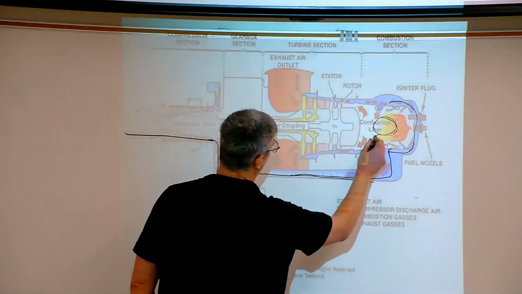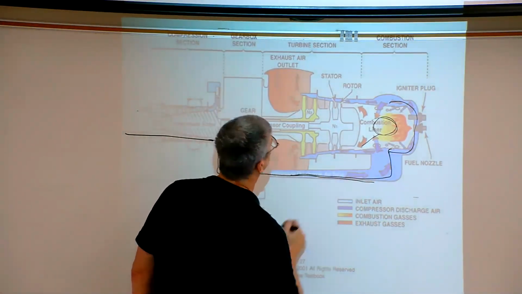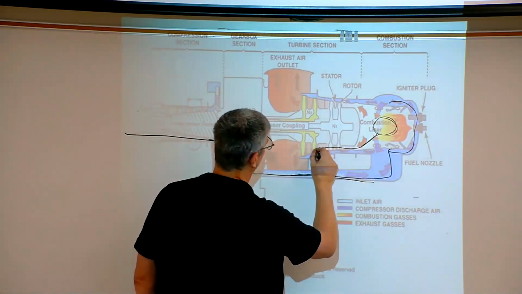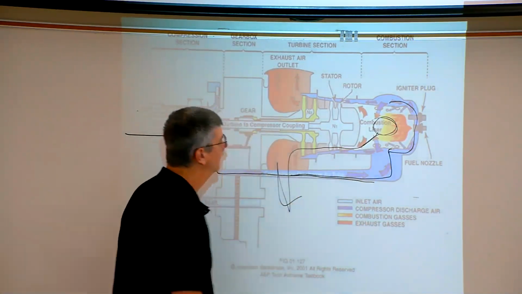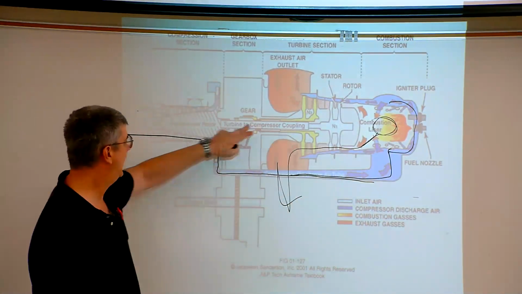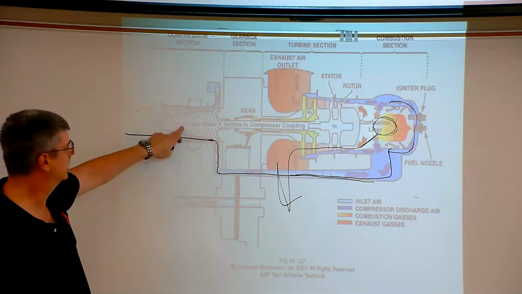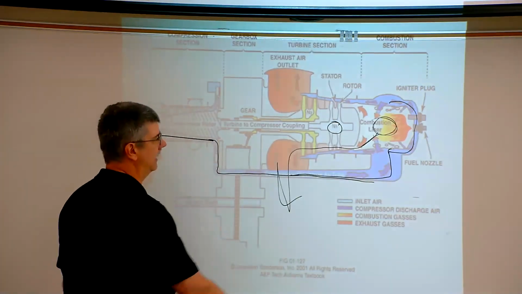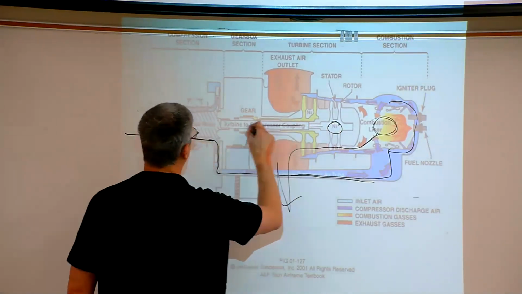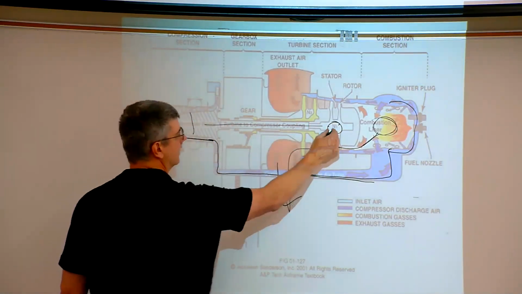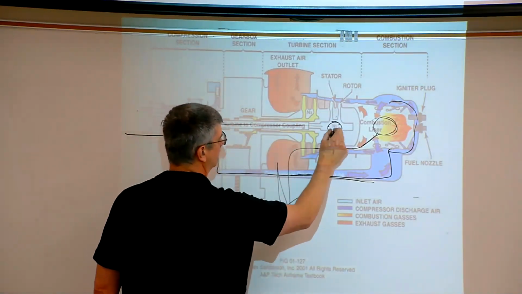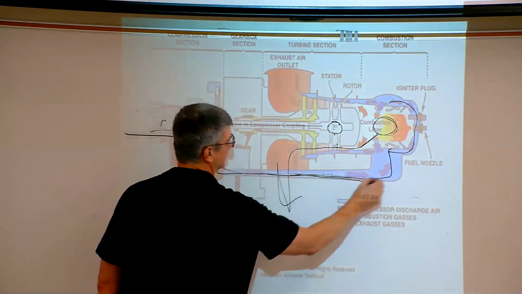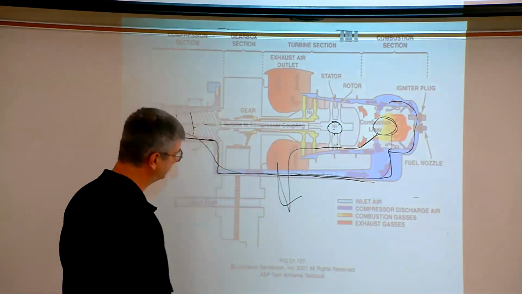The gas then goes out the exhaust. Now, we have to have energy to turn the compressor. So the first stage of the turbine blades is connected to the compressor. This turbine turns the compressor that compresses the air for combustion.